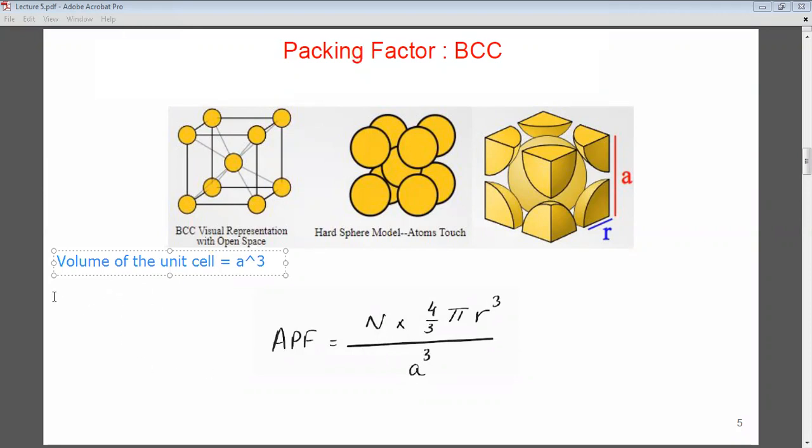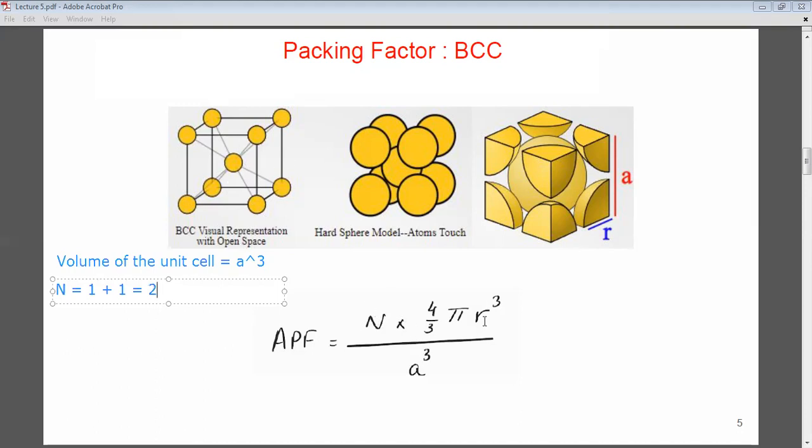Now, how many atoms are there in a conventional unit cell of a BCC? I have 1 atom shared by all the 8 corners. So I have 1, and there is 1 in the middle. So I have 2. So this N over here is 2. We are done with it.